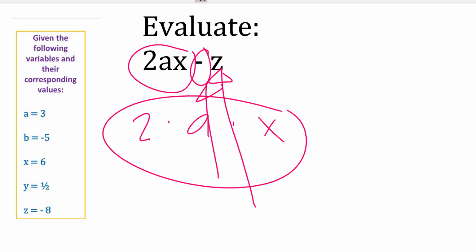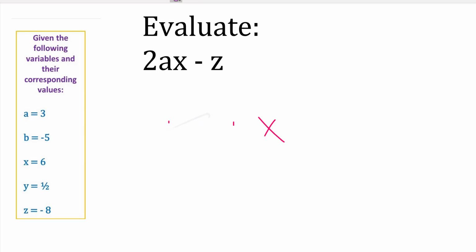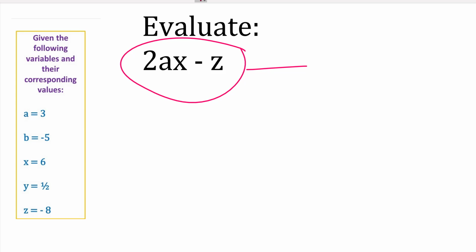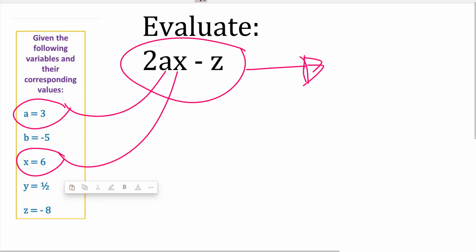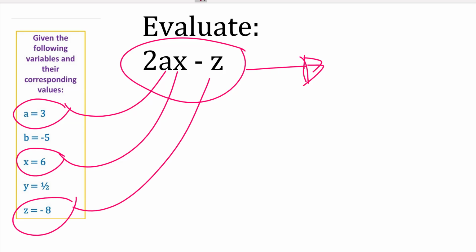Again, I would like to emphasize that this is a mere expression. This is not an algebraic equation, 2ax minus z. We are going to find the value of this expression if and only if a equals 3, x equals 6, and z equals negative 8.